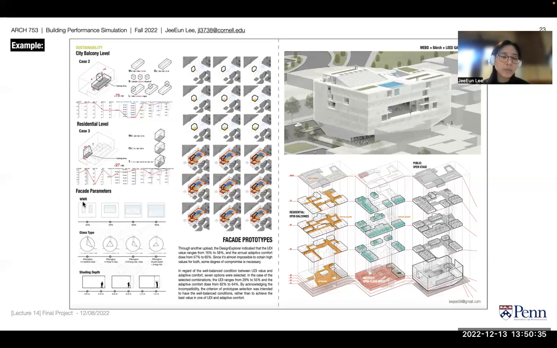So here we manipulated window ratio, glass types, and shading depth. We analyzed the UTCI for outdoor thermal comfort, but we also ran indoor daylight analysis given that shape of opening, so that we try to make a balance between those two vectors.